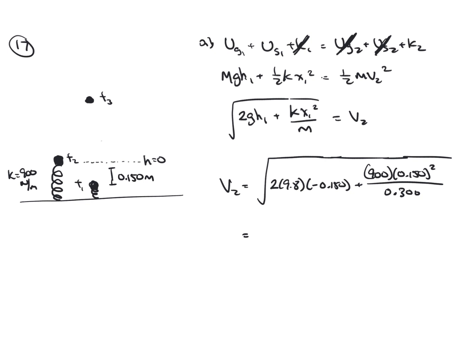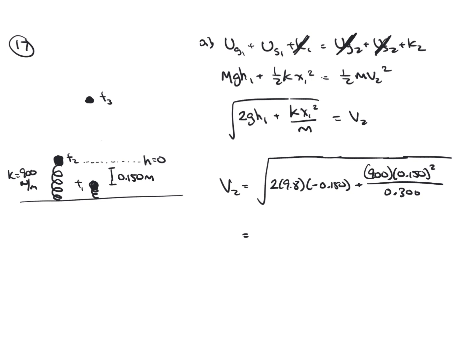Okay, so let's work this out. 2 times 9.8 times negative 0.150 is negative 2.94. I'm adding 900 times 0.15 squared divided by 0.3, 64.56. Okay, now I'm square rooting all that. Error. What did I do?